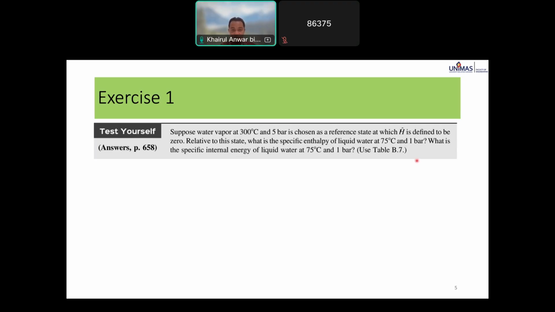Since this is the reference state, the specific enthalpy H is 0. So relative to this state, what is the specific enthalpy of liquid water at 1 bar, 75 degrees C?